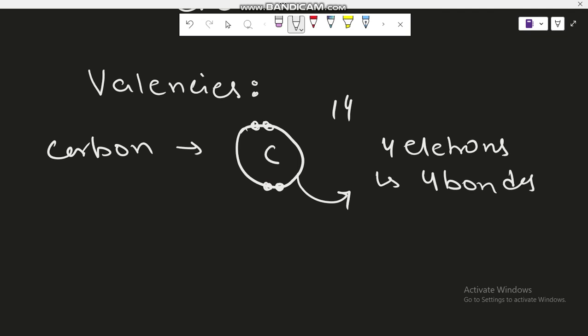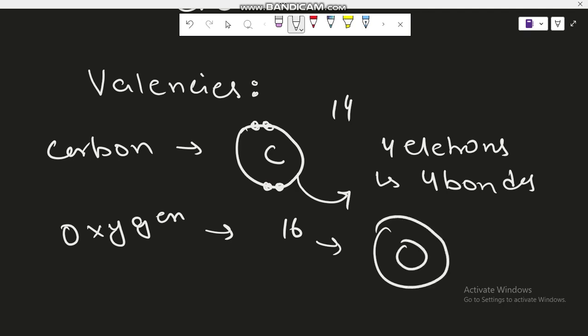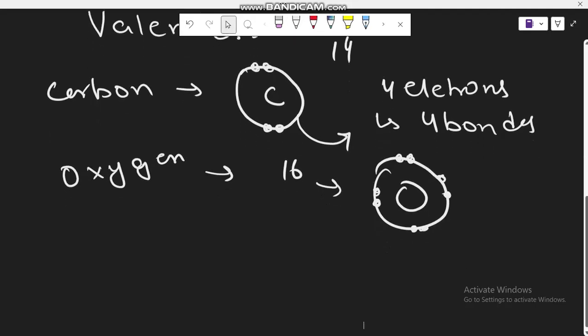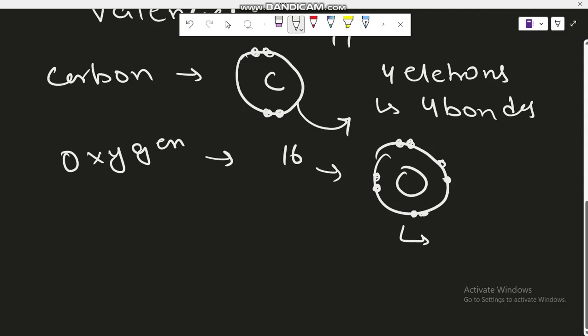In a similar way, oxygen has the electronic configuration of 16, with 2, 4 and 6 electrons in its shells. To complete its outermost shell, it only needs 2 electrons from another atom, which means it only forms 2 bonds.